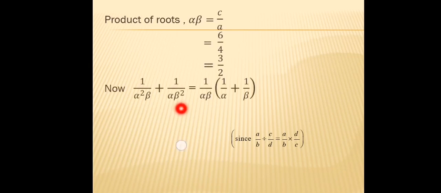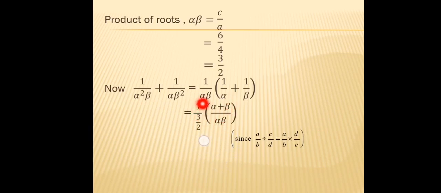Now 1 divided by alpha square beta plus 1 divided by alpha beta square can be simplified by taking out the common factor, that is 1 divided by alpha beta. So inside the bracket we will be left with 1 divided by alpha plus 1 divided by beta. By adding 1 divided by alpha and 1 divided by beta, we will just get alpha plus beta divided by alpha beta.